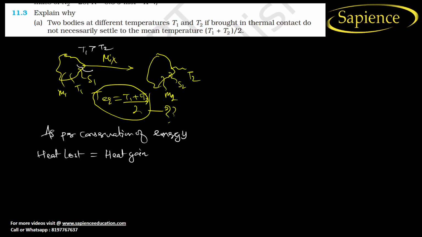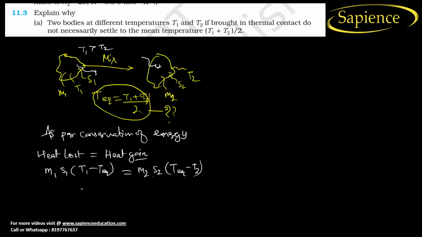So heat lost by this body is m1 s1 into the temperature difference, that is T1 minus T equilibrium, and heat gained by this object is m2 s2 into the temperature difference, which is T equilibrium minus T2.